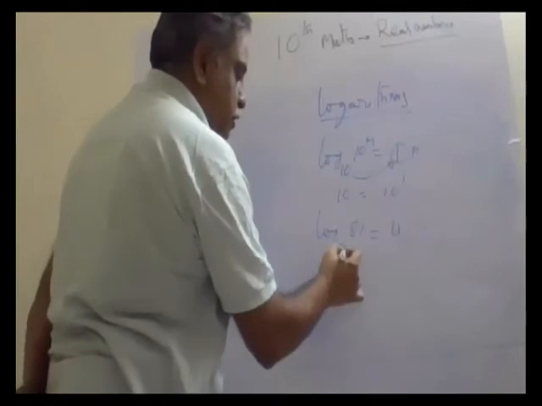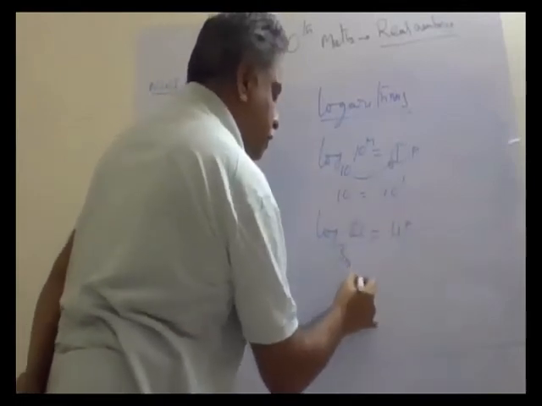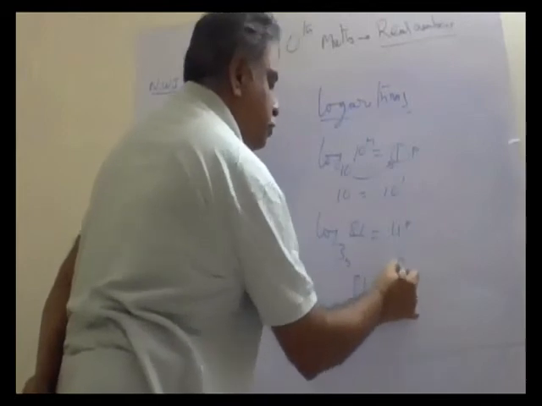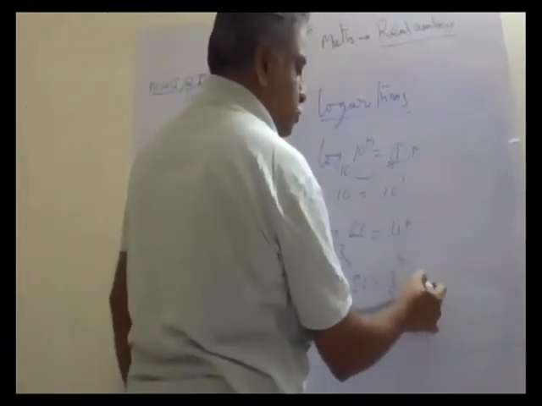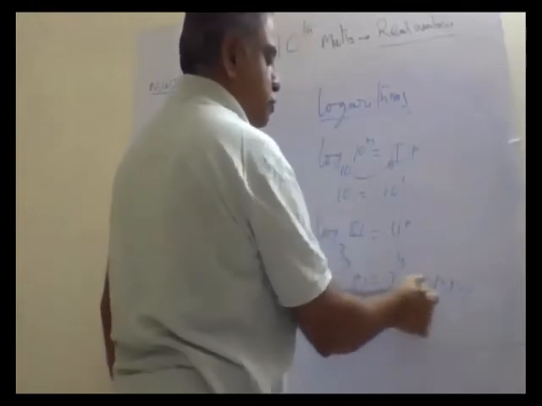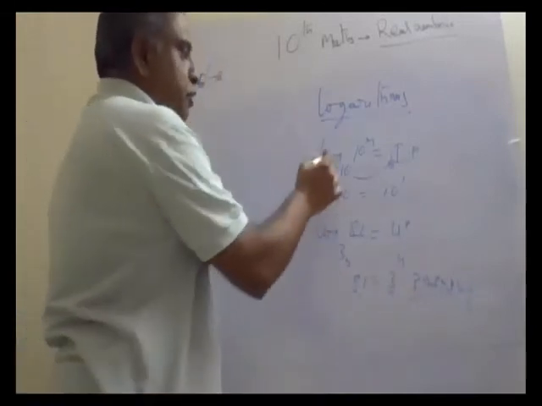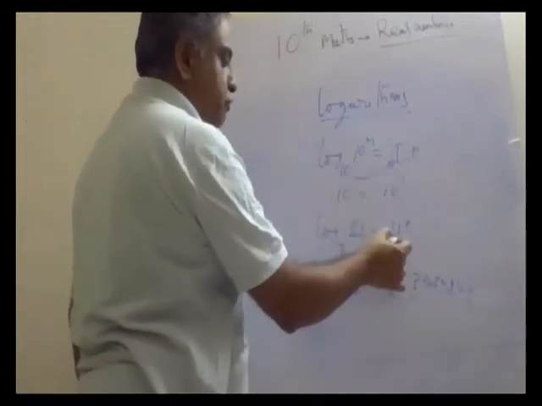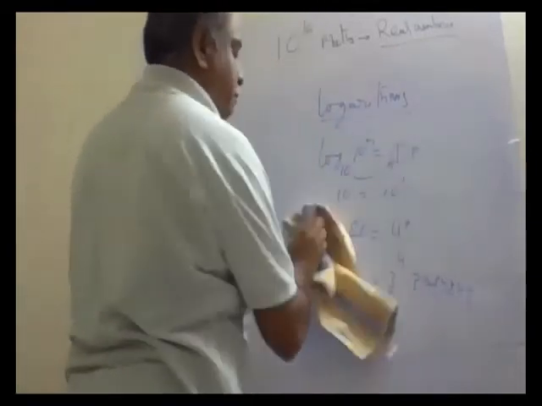That means this becomes base, this becomes power, this is the main. So 81 is equal to 3 to the power of 4. Can I do it? 3 into 3 into 3 into 3. This is 27, 3 27s are 81. So this is how we convert logarithm to exponential form, and earlier we have seen exponential to logarithm form.